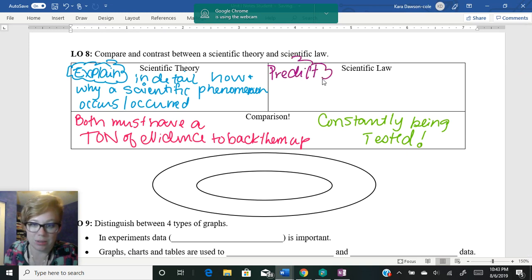This is the big word for scientific law. It's going to predict what will happen.